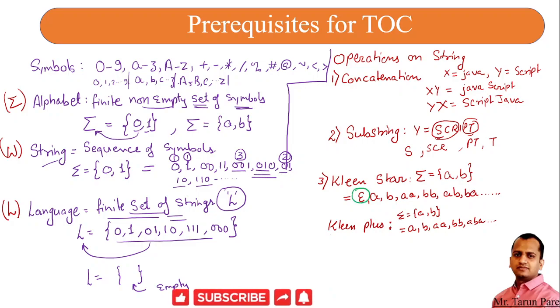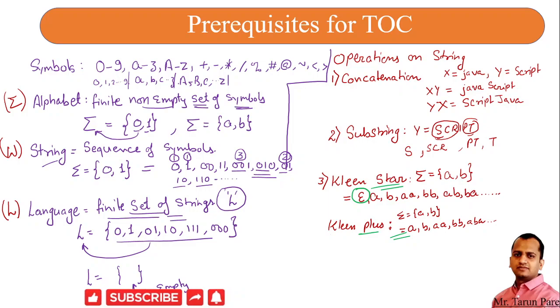Epsilon is included in the Kleene star, but in Kleene plus epsilon is not there. If the concepts are still not clear, have patience, because this is just a beginning. As we move on through the chapters and solve some problems, you will come to know how to understand these things.